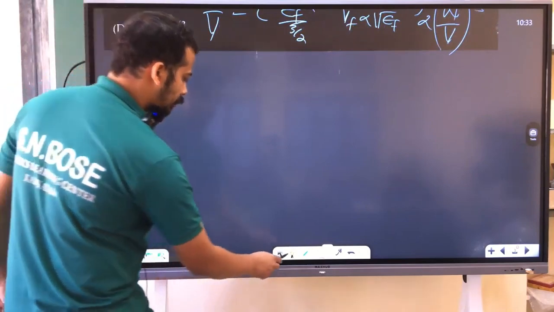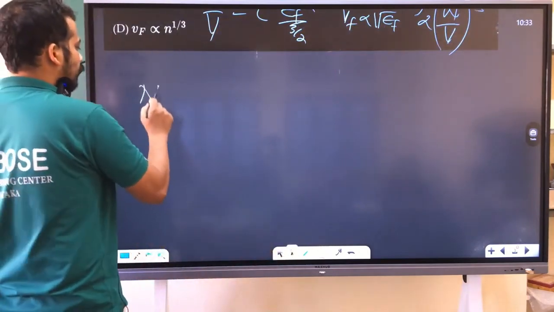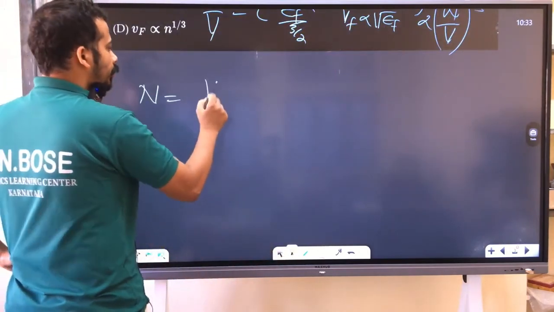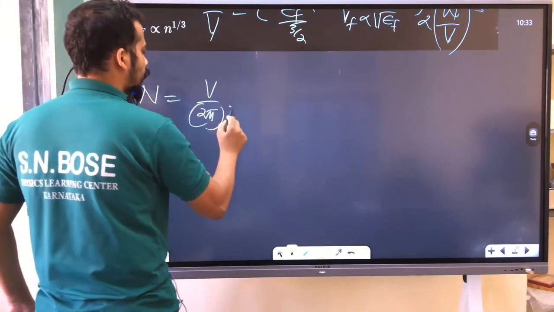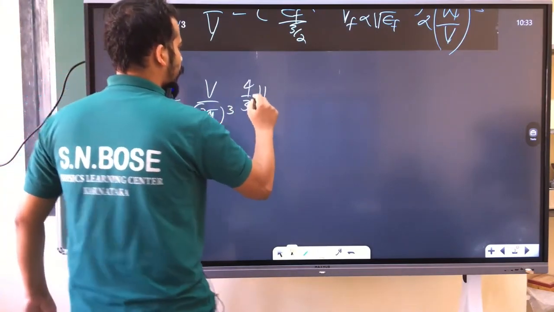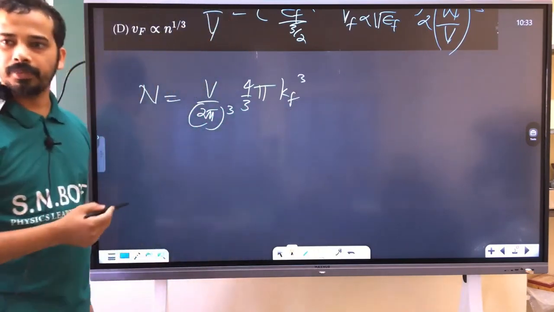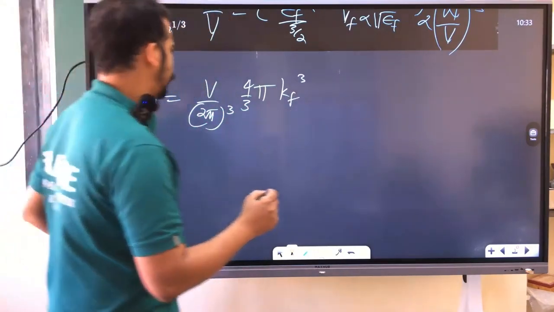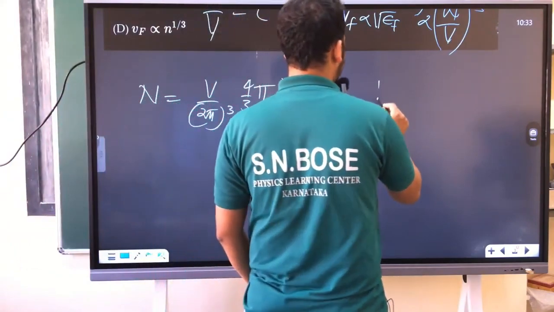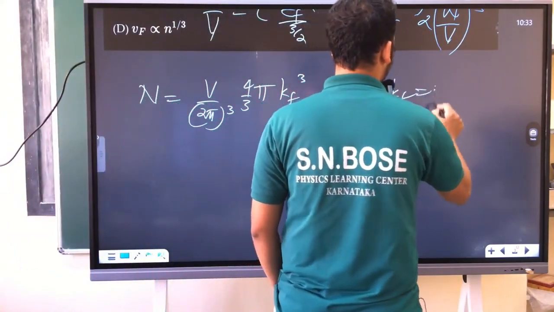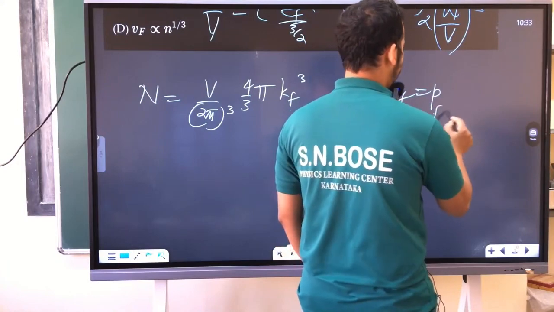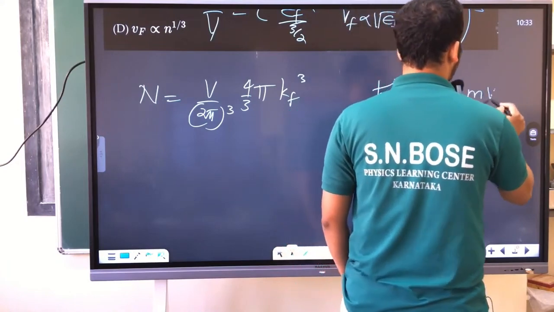Now what I'm saying is, you write that expression directly. What was that expression? V/(2π)³ times 4/3 π kF³, am I right? That's the volume. Now ħ kF is nothing but pF, and pF is nothing but m vF.